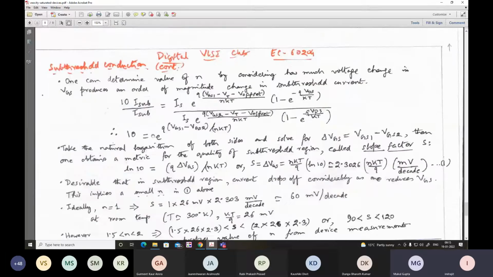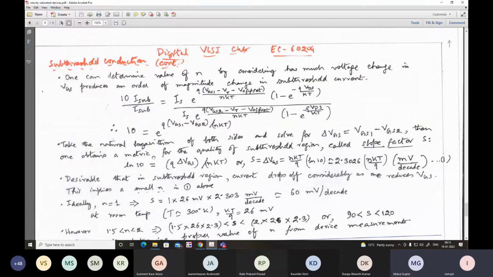From here we can find the value of N. If we take the natural logarithm, log of 10 to the base e becomes q into VGS1 minus VGS2 by NkT. So natural logarithm of 10 equals q delta VGS by NkT. This delta VGS is the change of gate to source voltage required. This is also referred to as the slope factor, S. This N and S are related.